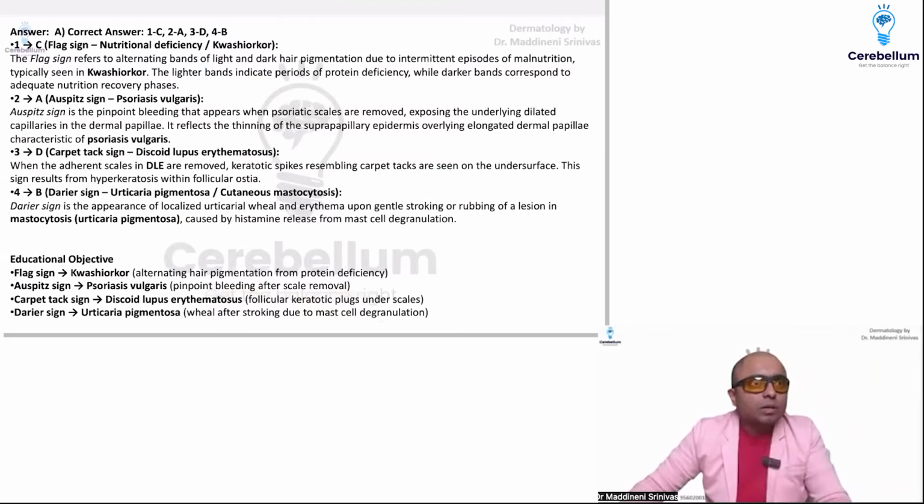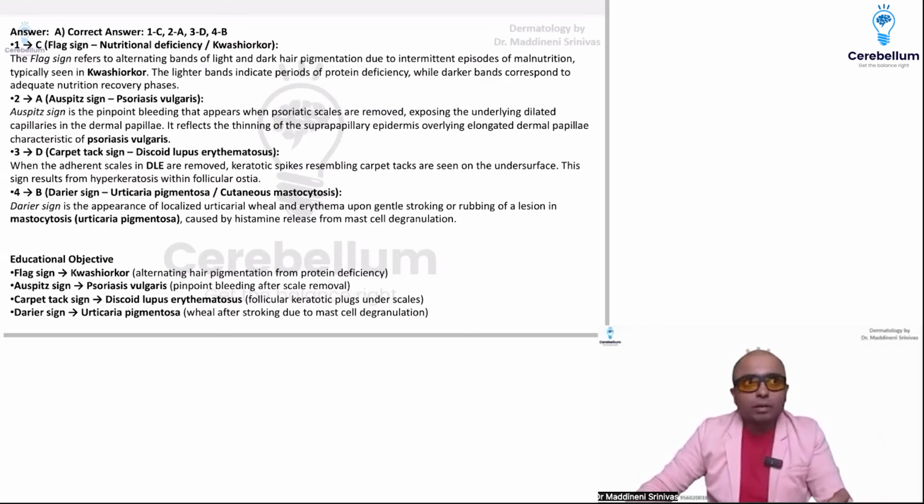Okay, one, Auspitz sign with psoriasis was not there. Psoriasis and Auspitz sign were not in the options together. So can you please confirm what was in the options, like what was asked? Is there a mismatch in the Auspitz sign and psoriasis options? Then maybe they have to give a bonus.